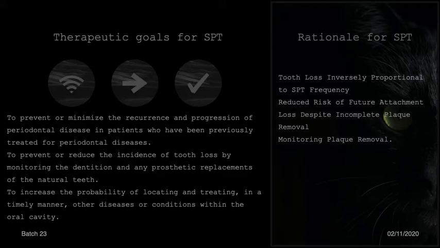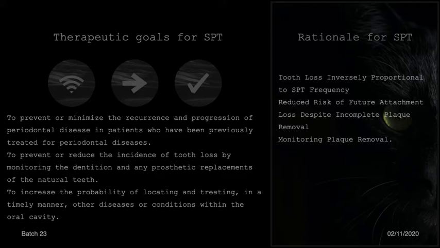the time interval. So basically, the rationale of supportive periodontal therapy is frequent monitoring of the patient so that the patient's health is maintained, and the progression of disease to tooth loss can be prevented or the time interval increased. Basically, tooth loss is inversely proportional to the frequency of supportive periodontal therapy.